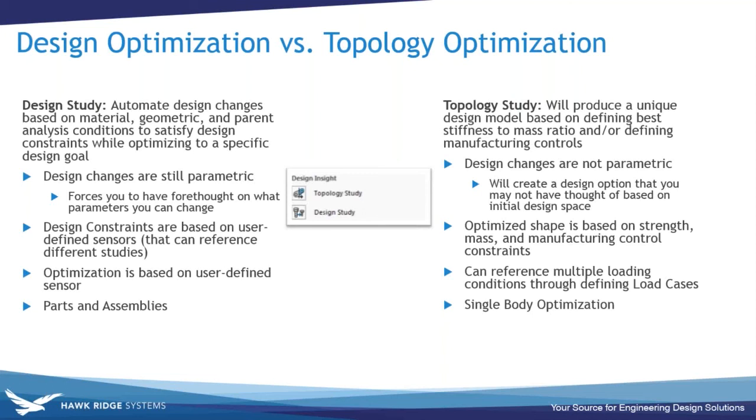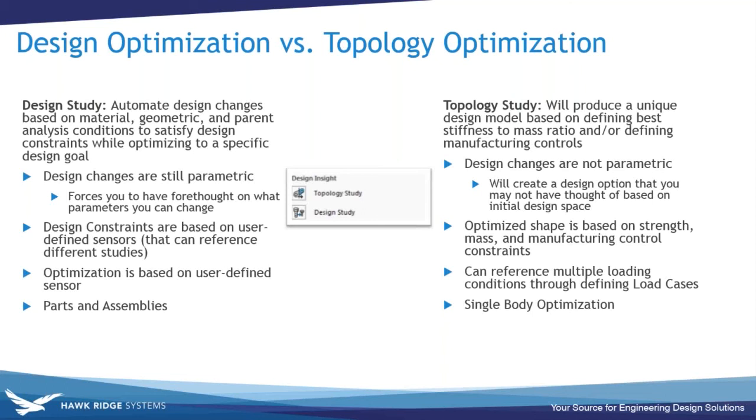It's more of, I want to increase the stiffness and decrease the mass, right? And then from there, it will create a design option that you may not have thought of based on the initial design space. So you may hear this term when utilizing this tool a little bit, initial design space. Essentially, that's your baseline model.